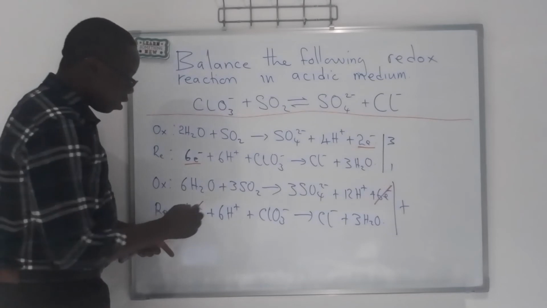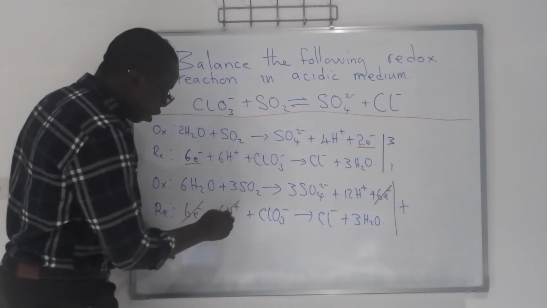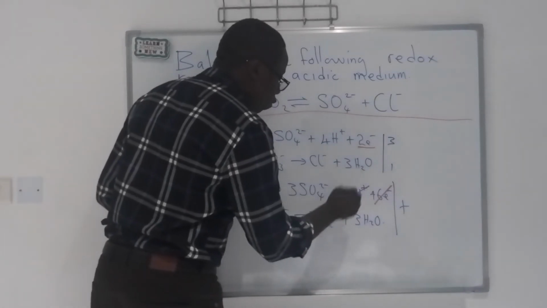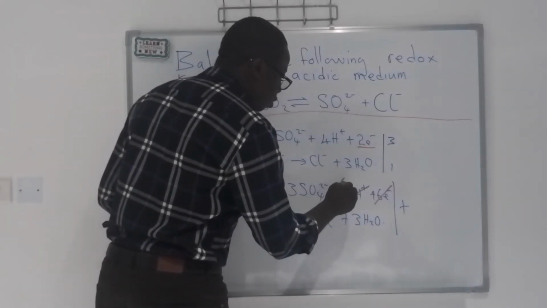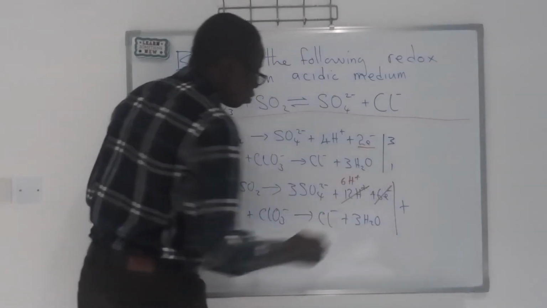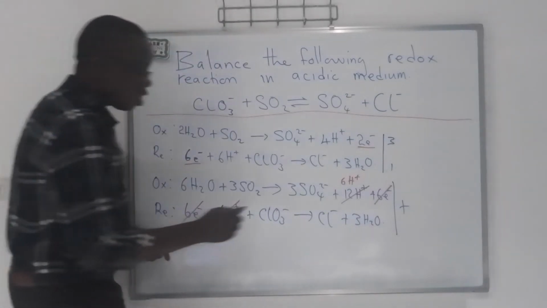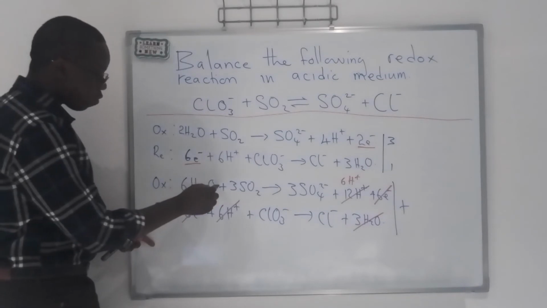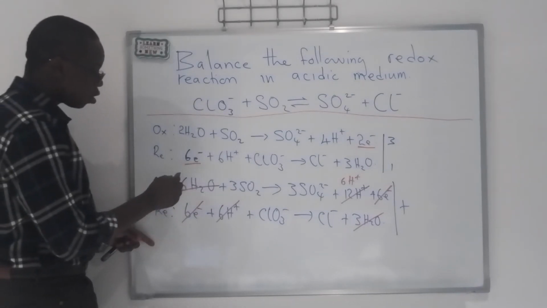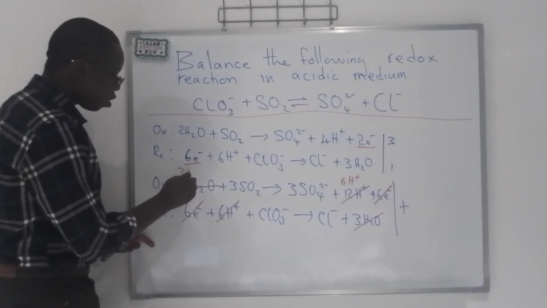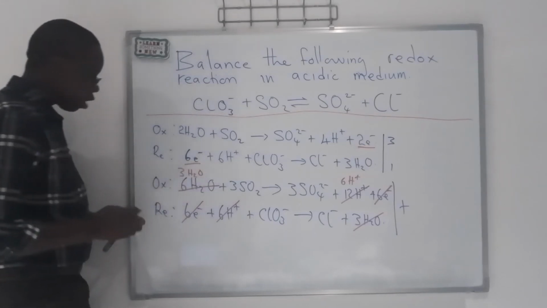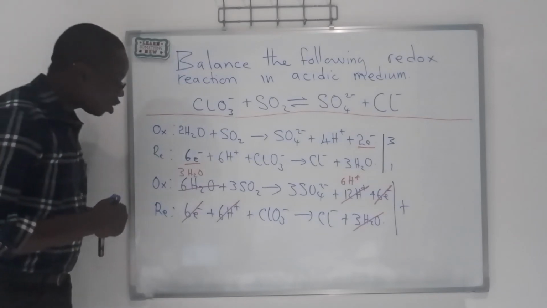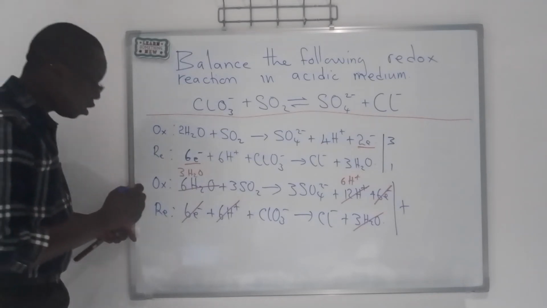And then the 6 hydrogen ions will simplify with these 12, remaining with 6 hydrogen ions. Then the 3 water molecules will simplify with these 6 molecules of water, then we will remain with 3 molecules of water. So what is the final reaction that we have after adding?